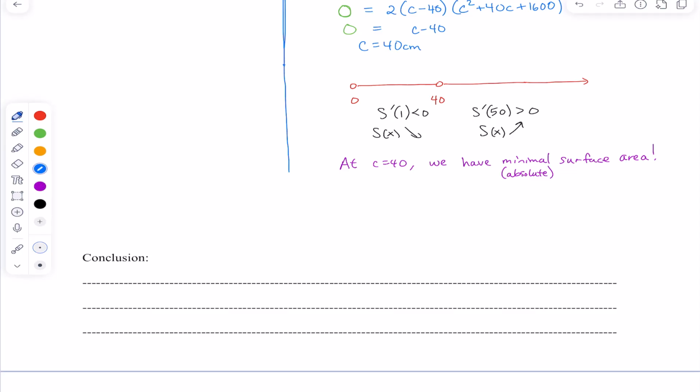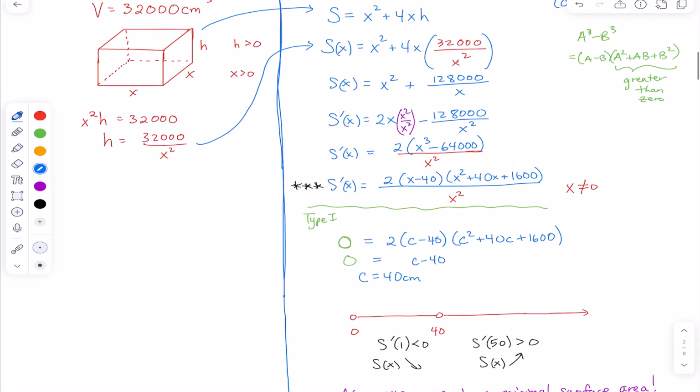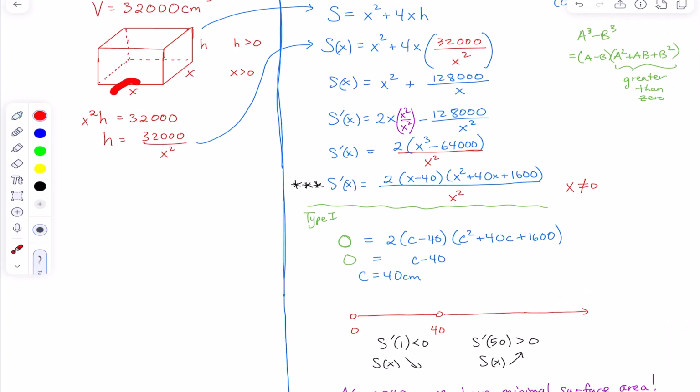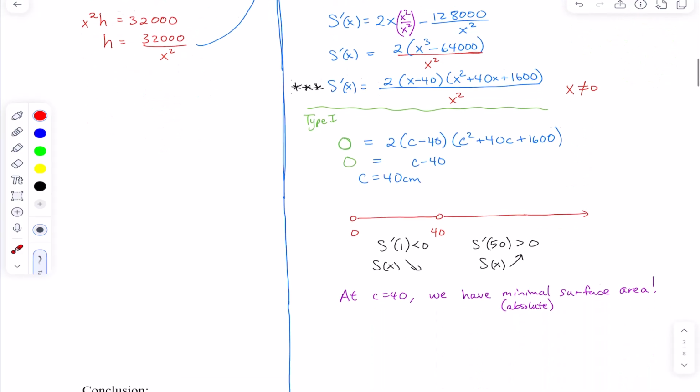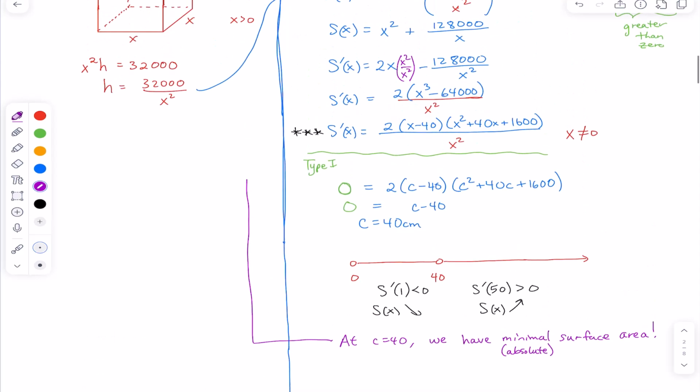Now we got to answer the question. We want to find the dimensions of this box. So we know we have 40 centimeters along its base, 40 centimeters here, 40 centimeters here, but we need to find h. So how do we get h? I'm going to cross over to the constraint side and help us find our h.